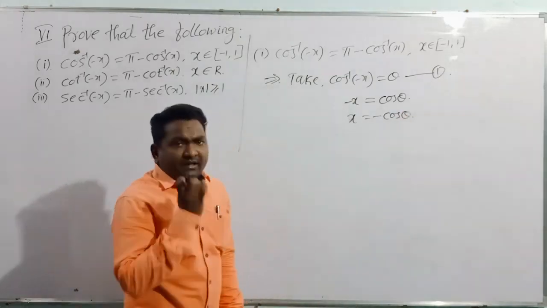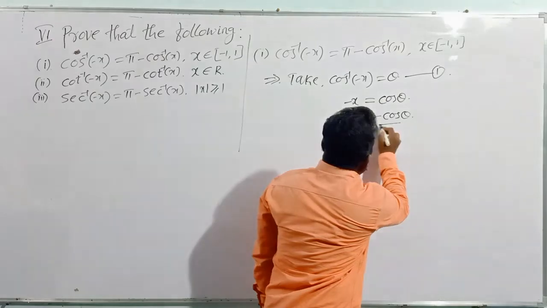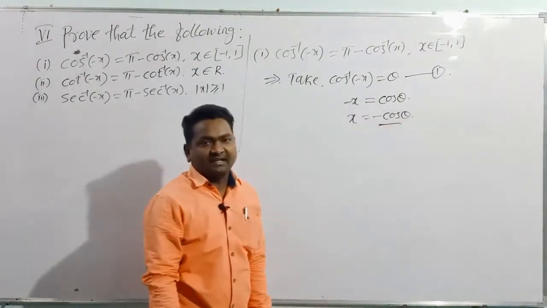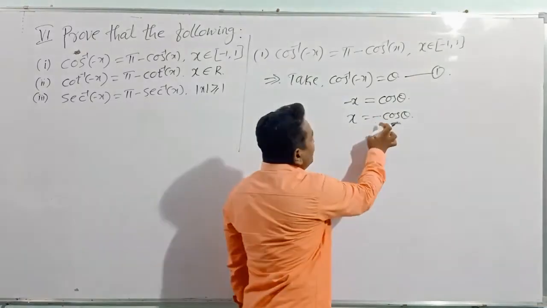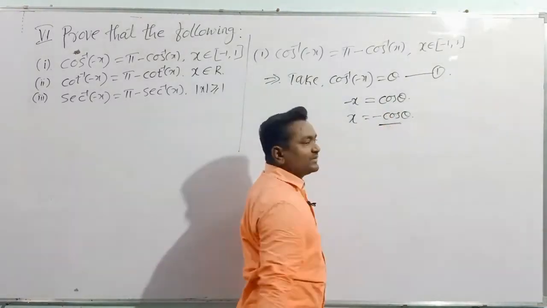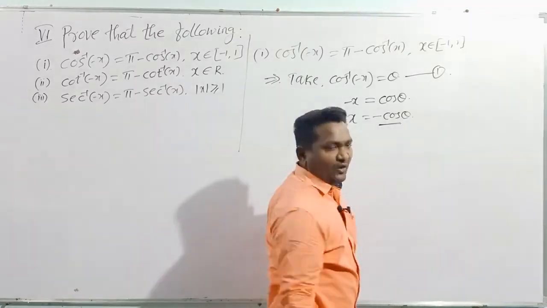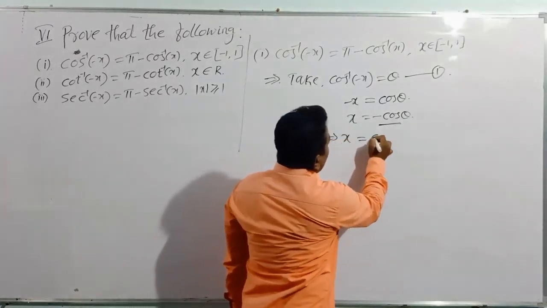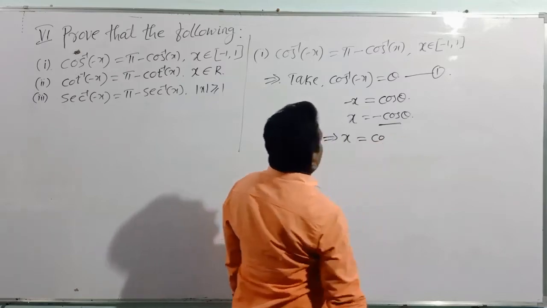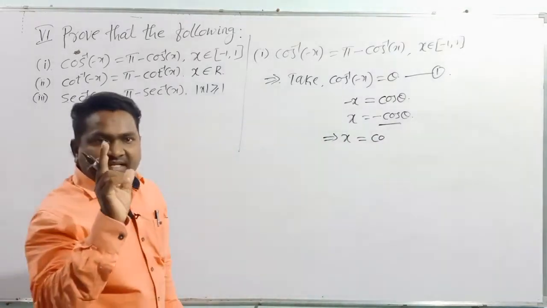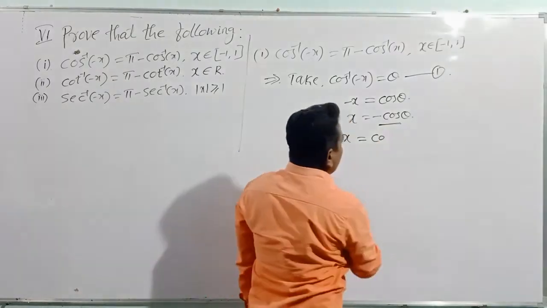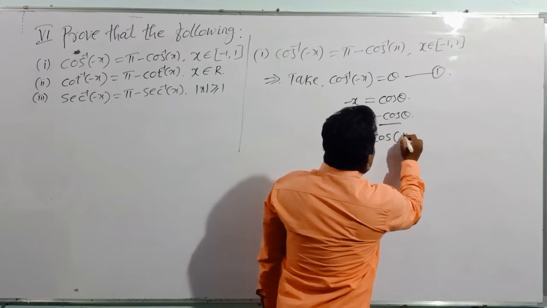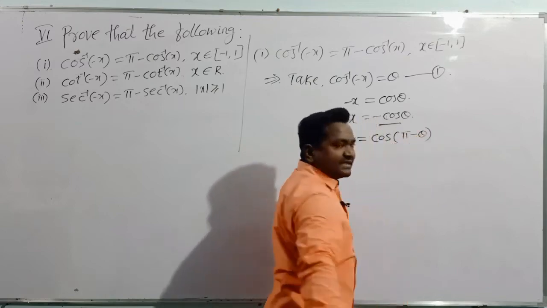Now here we have to replace the value for minus cos theta. We have to cancel out this negative sign, that is, replace its value. So x equals cos of (180 minus theta), because cos of (pi minus theta) equals minus cos theta, where 180 means pi.